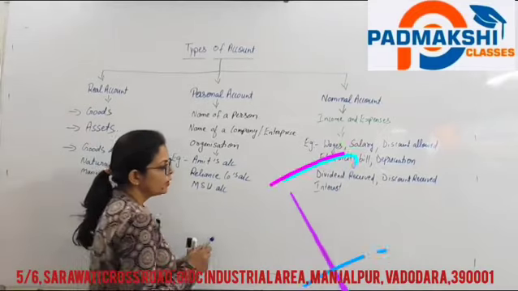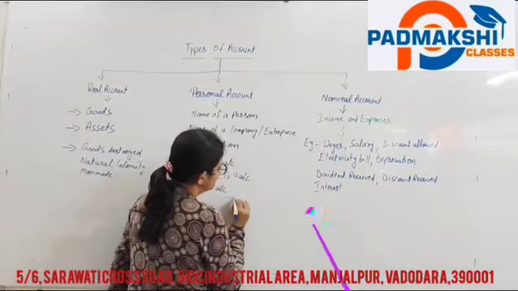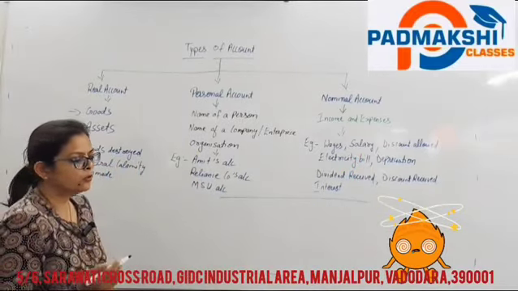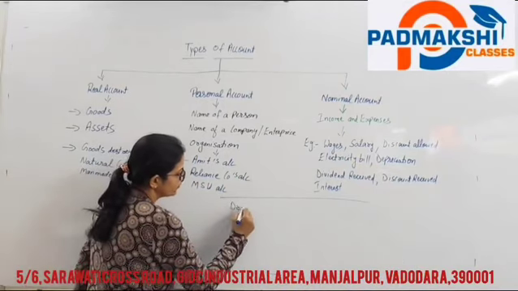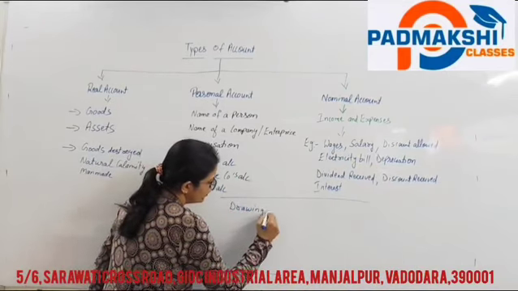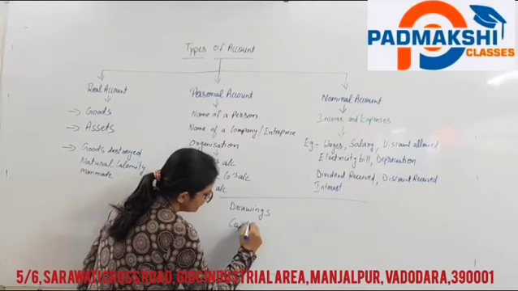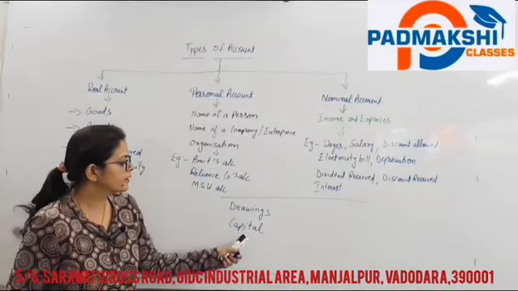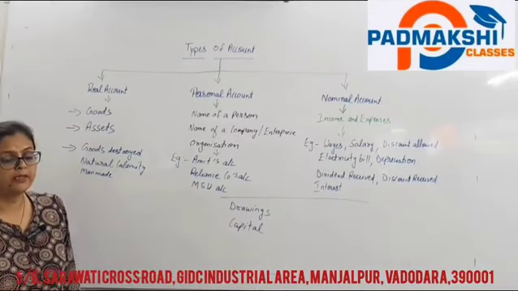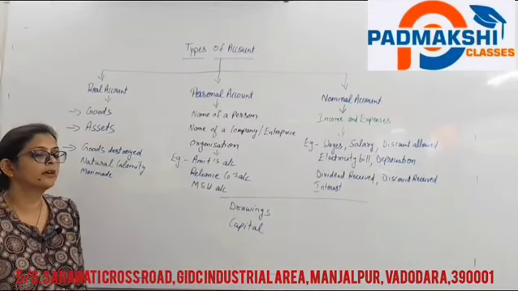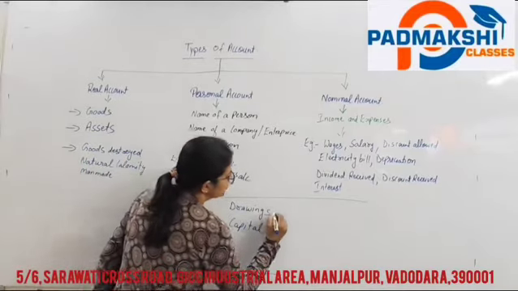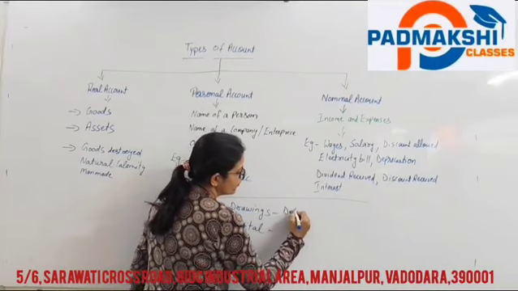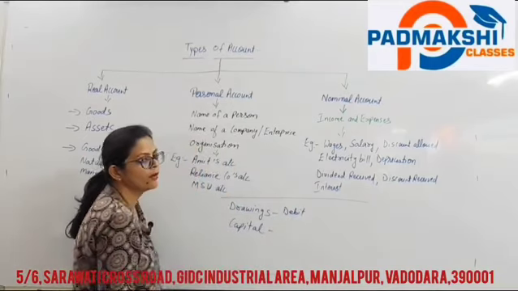Now just a small tip I am going to give you in today's lecture, as students generally get confused between two things: drawings and capital. How to identify whether drawings and capital will be debited or credited? So just remember, D for drawings, D for debit.